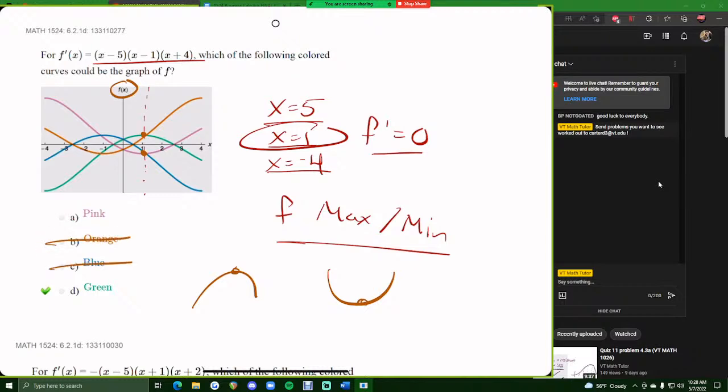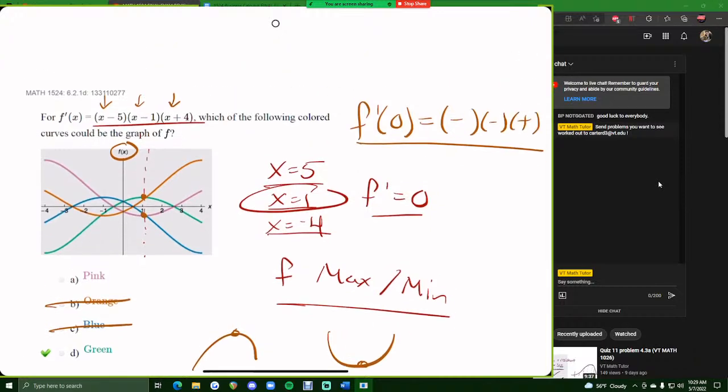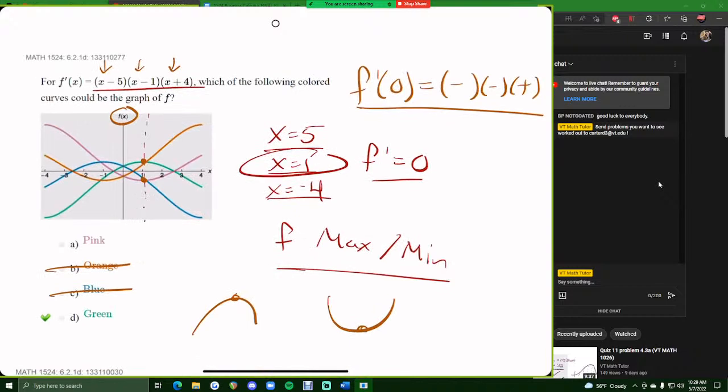Now, we plug in 0 to the function, to f prime. Plugging in 0 here, we get 0 minus 5 is a negative, 0 minus 1 is a negative, 0 plus 4 is a positive. So we analyze the sign of f prime when x equals 0. 2 negatives and a positive multiplied together give us a positive.